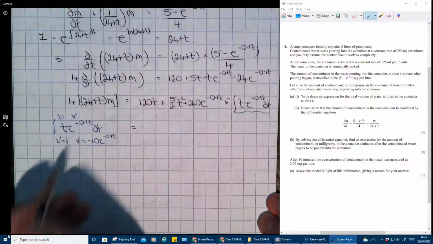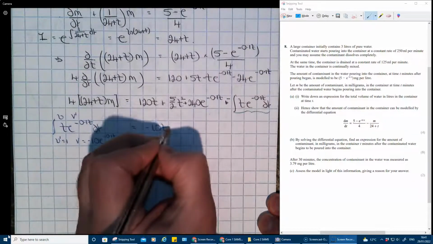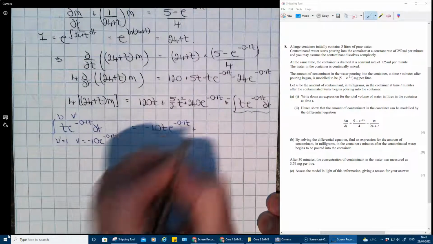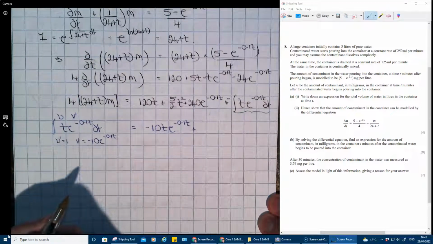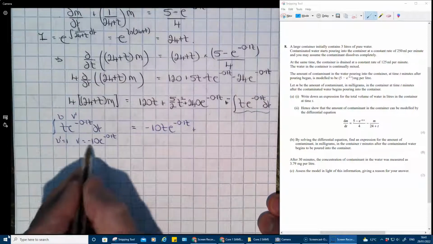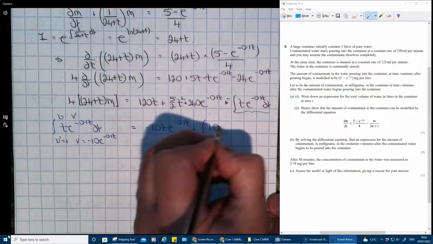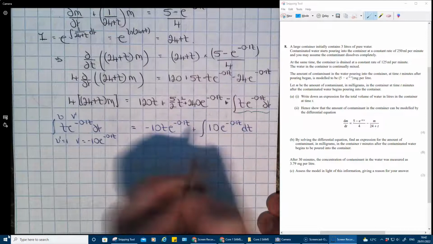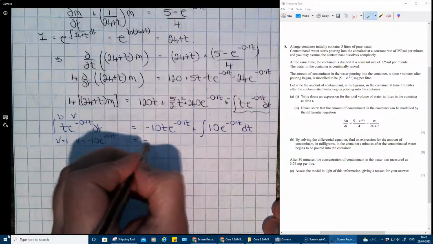U times v, so it's minus 10t e to the minus 0.1t, take away the integral of u dash v, so take away minus, so plus integral of 10 e to the minus 0.1t, which is now easy enough.